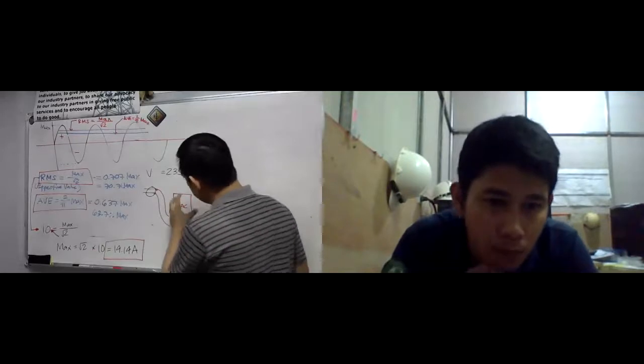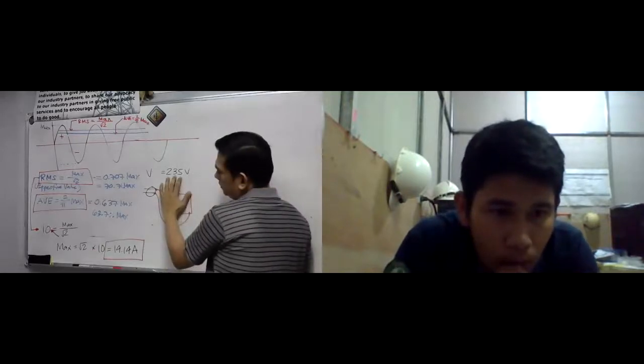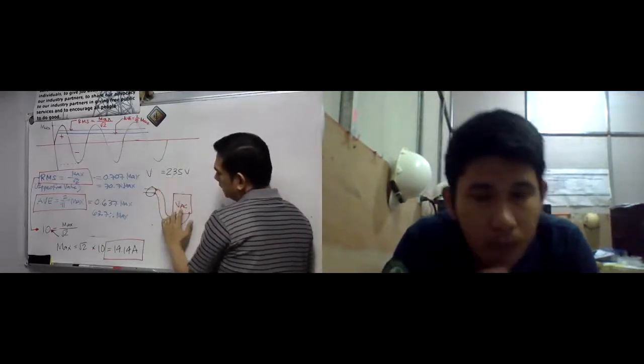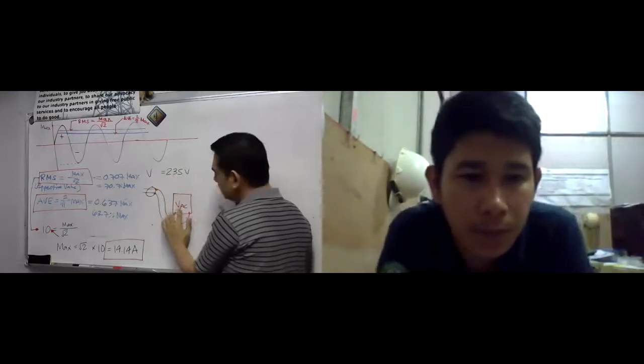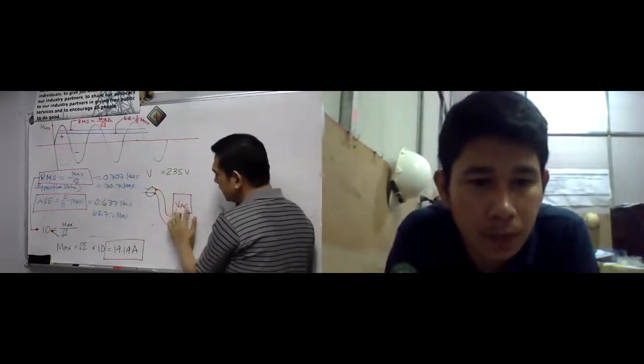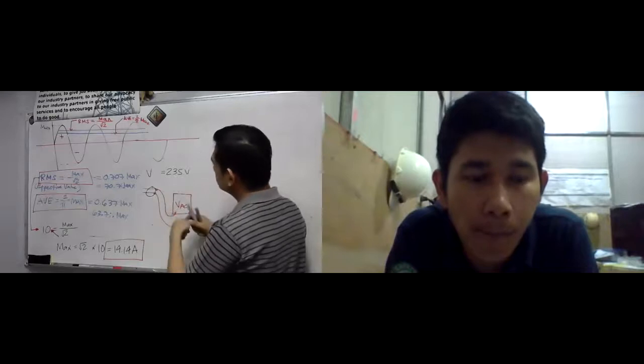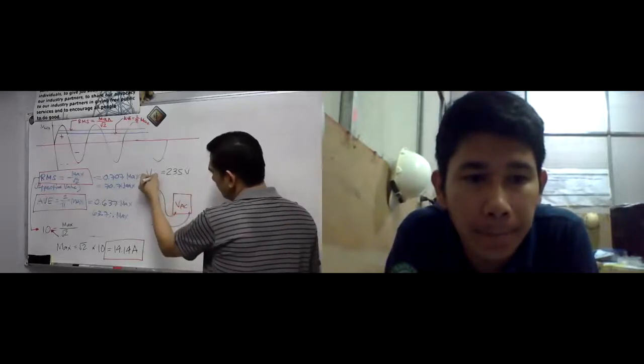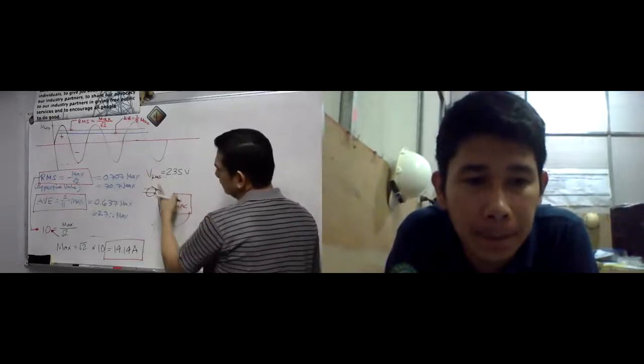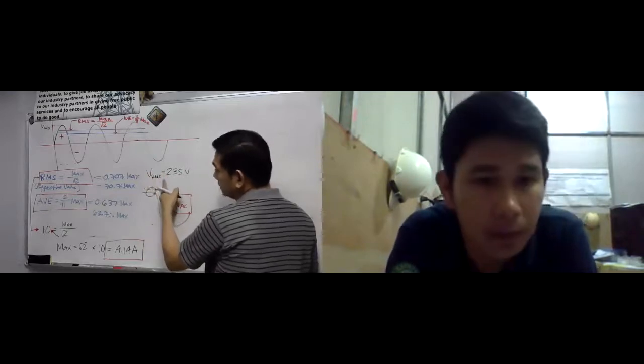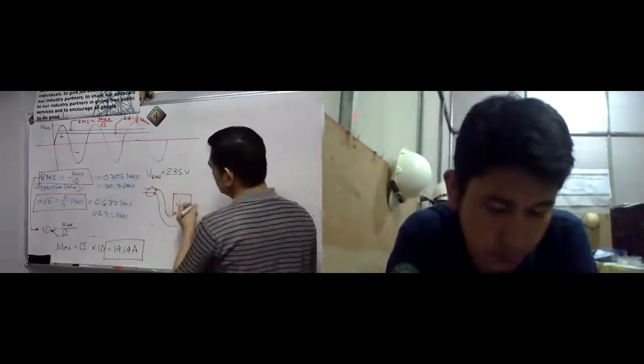Remember, if you have your 235 volts being measured by your AC voltmeter, that is our RMS value.